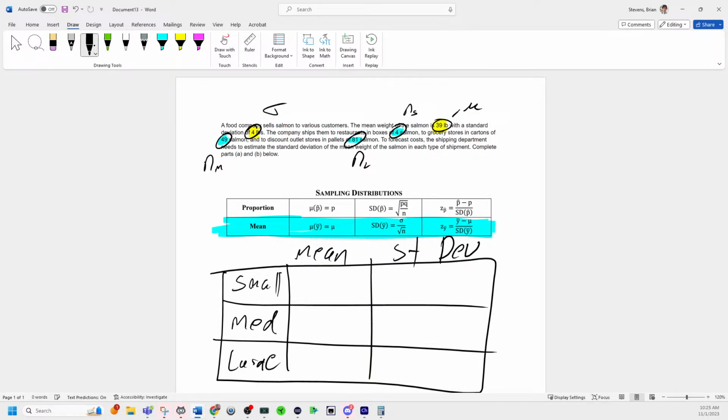So what is the mean going to be for the small? So it's going to be mu y bar equals mu. So if mu y bar equals mu, that's the formula we're using right here, so we've got it right above it. We're just literally going to use this formula right here, plug it in. What would be the mean for the small?